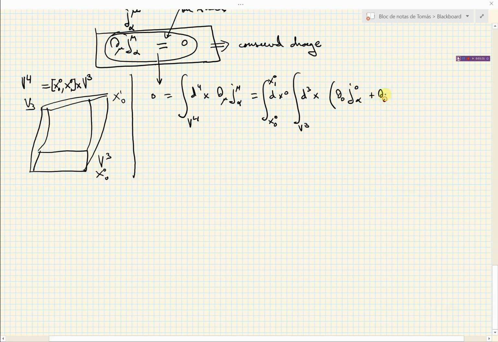These are the spatial components, j alpha. This component is going to be the charge density, while these three components will be the flux density or the current density.